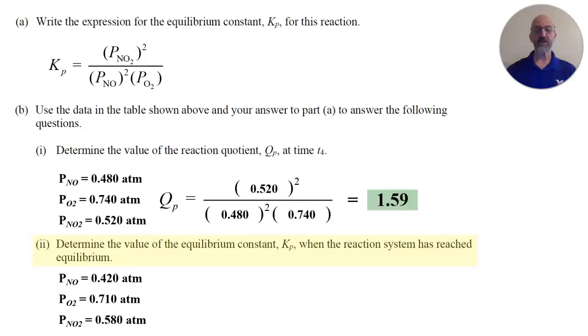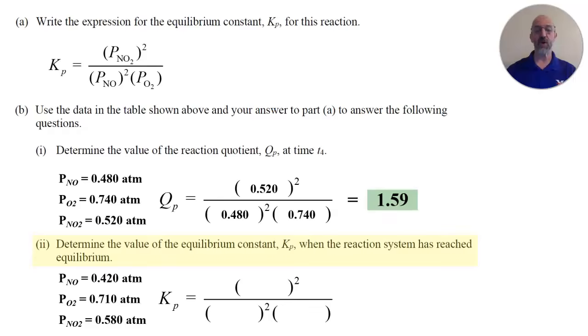The partial pressure of O2 is 0.71 atmospheres. And the partial pressure of NO2 is 0.58 atmospheres. And this would be the system at equilibrium because the partial pressures are no longer changing over time at this point in the experiment.